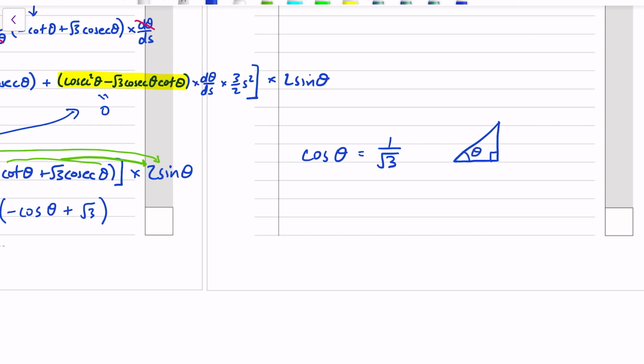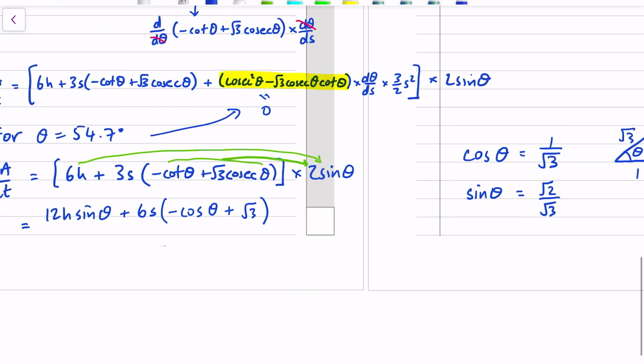Cosine theta equals 1 over root 3 is the same as saying that is 1 and that is root 3, and therefore the opposite side can be found using Pythagoras as root 2, which means that we can find the sine of theta in this case as well. The sine of theta will be equal to root 2 over root 3, and that allows us to substitute into here and into there. Rather than finding theta, which we know is 54.7, we can just substitute cosine and sine theta in.